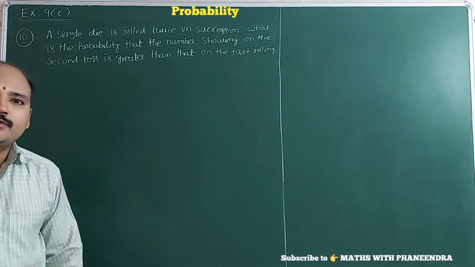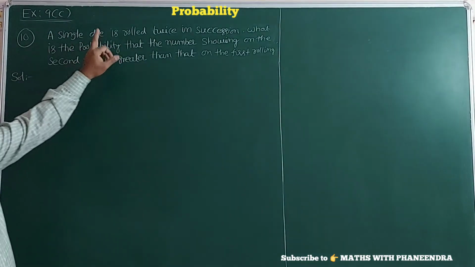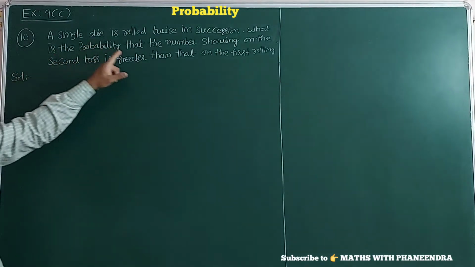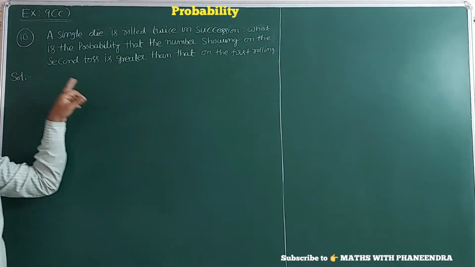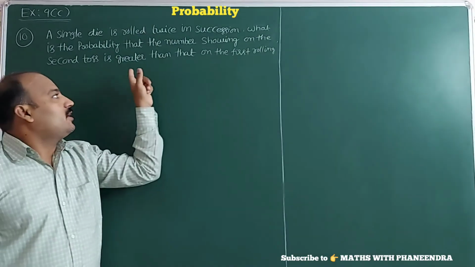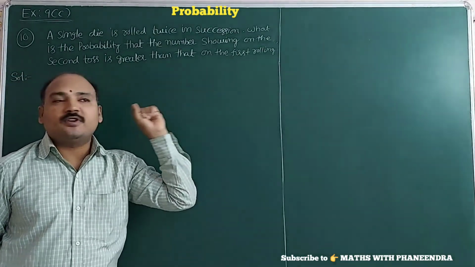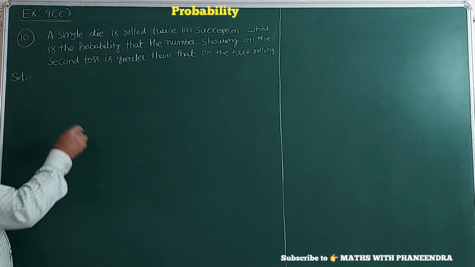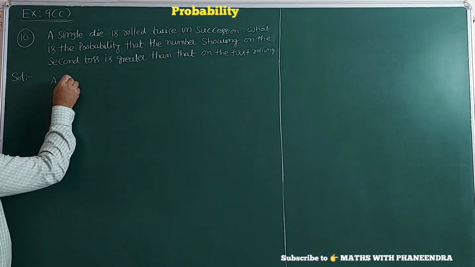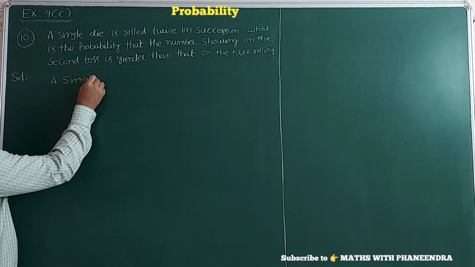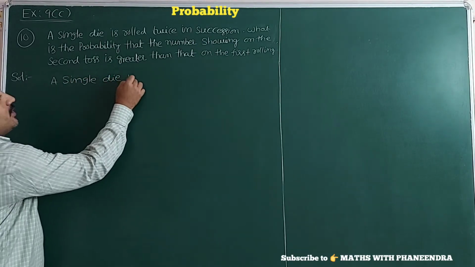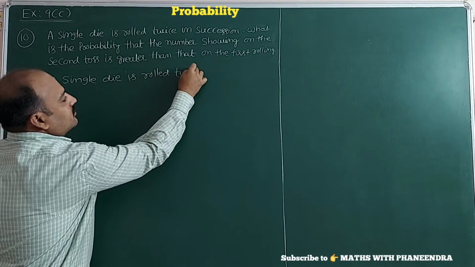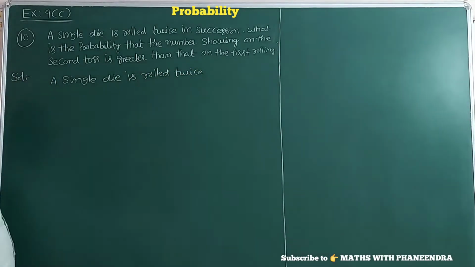The next question, dear students. A single die is rolled twice in succession. What is the probability that the number showing on the second toss is greater than that on the first rolling? Here, a single die is rolled twice in succession.